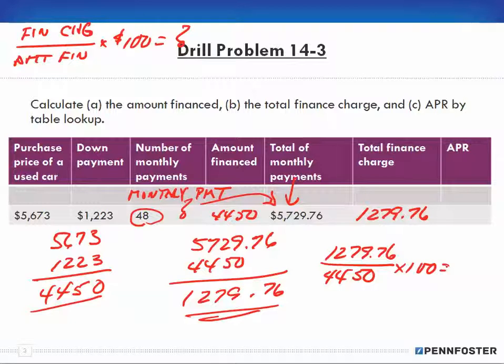If I times that by 100, I end up with 28.75865. I can round that to 28.76. So what I'll be doing is looking for the 2876 on the table.